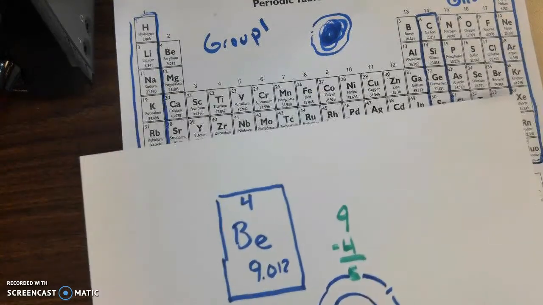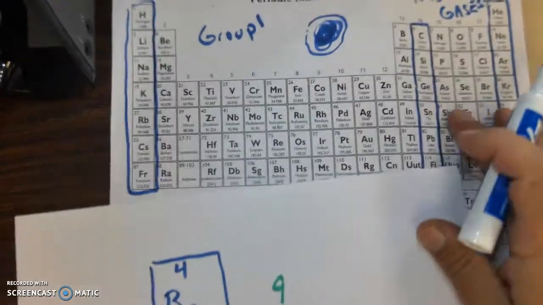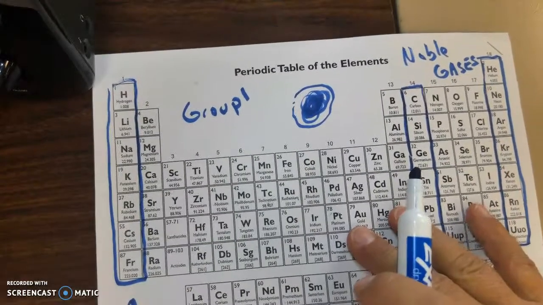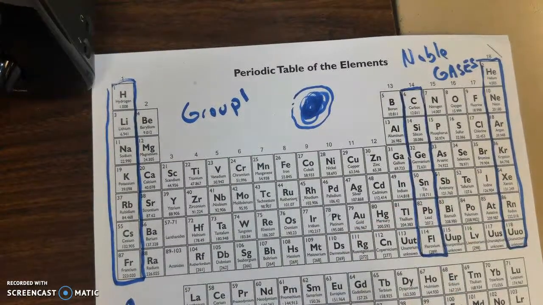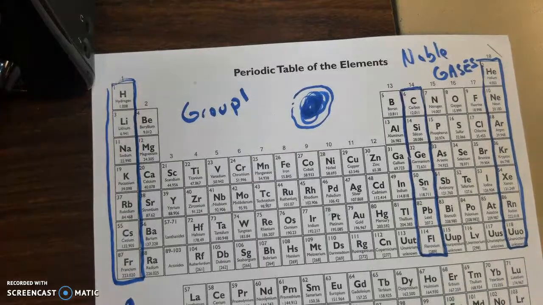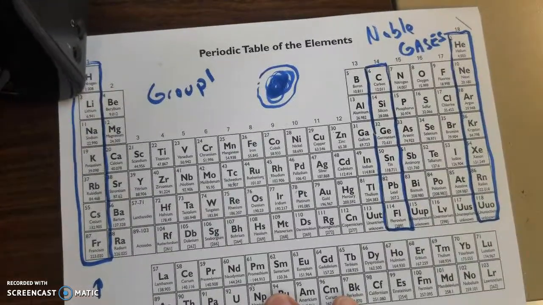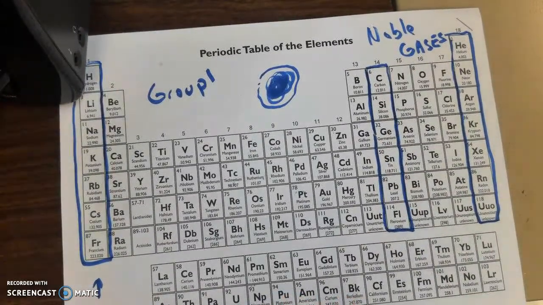Okay, let me ask you a quick trivia question. Looking at this periodic table, can you tell me what is the address? Remember, give it to me by group and period. What is the address for the element nickel? Its atomic symbol is Ni. So can you tell me what group and period nickel is in? I'm going to tell you in just a minute.